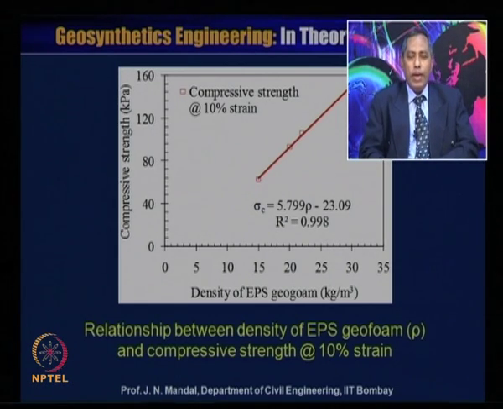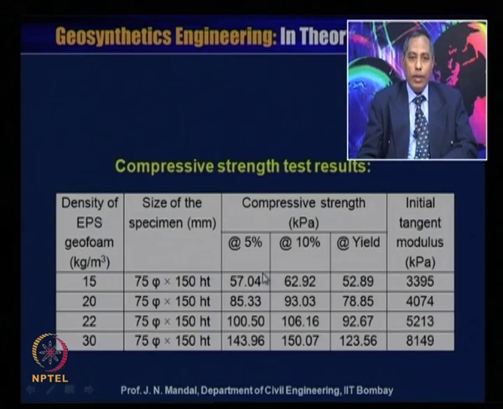Now, this figure shows the relationship between the density of EPS geofoam rho and the compressive strength at 10% strain. So, these are the different densities as we mentioned here: 15, 20, 22 and 30.